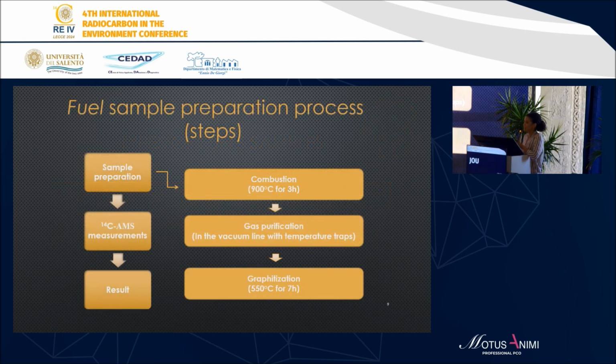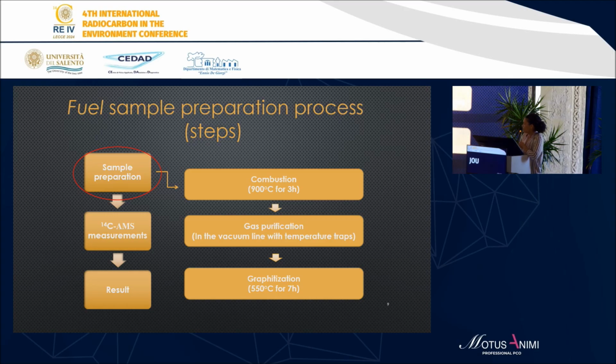Basically there are 3 steps. The first is sample preparation, the second is measuring the samples in the accelerator, and the third is analyzing the results. For the sample preparation, we have basically the combustion, purification of CO2, and the characterization.